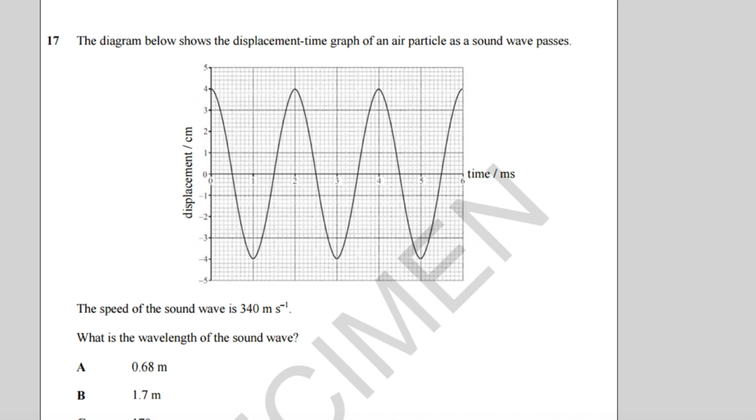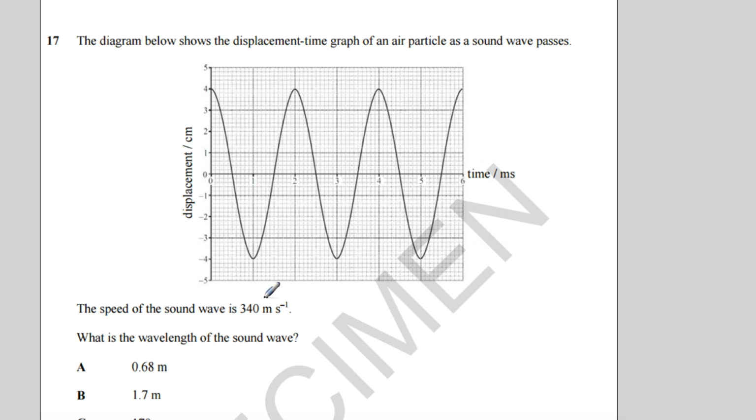Question 17, we're being asked to find the wavelength of a sound wave, and the data that we're given is a displacement time graph of an air particle as a sound wave passes. So we've got an air particle that's vibrating up and down, and this graph shows how its position changes as time progresses. And we're being asked what the wavelength is.